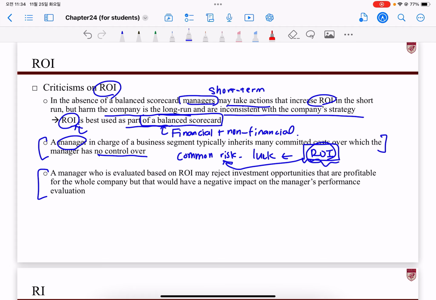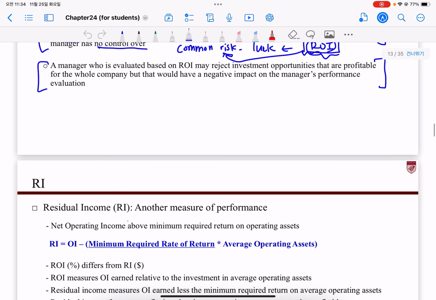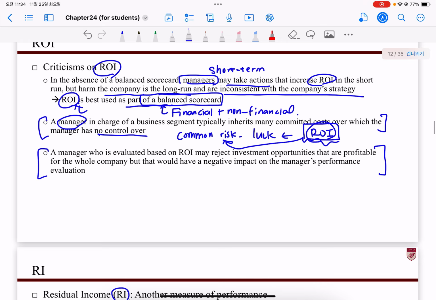Last one can be something that you may not be able to understand now, but we will see an example from RI. So sometimes there can be an investment opportunity. When you invest, you also have to think about what is the ROI of taking up the investments.